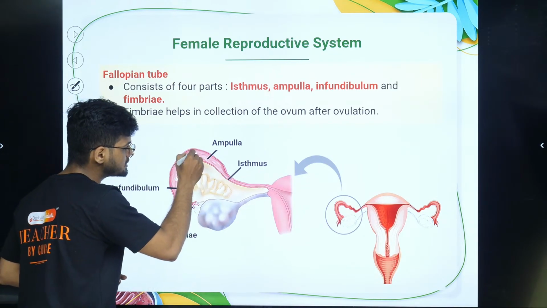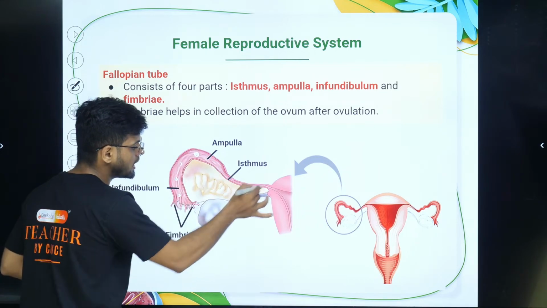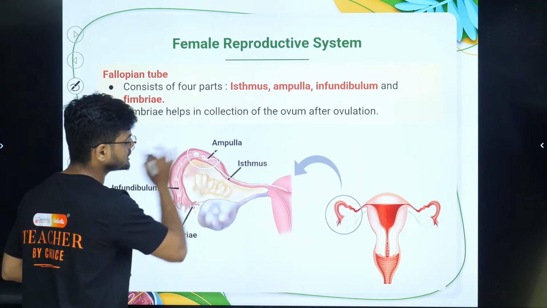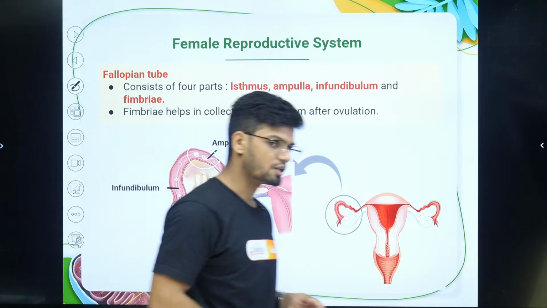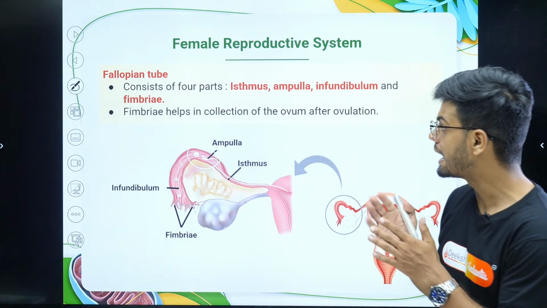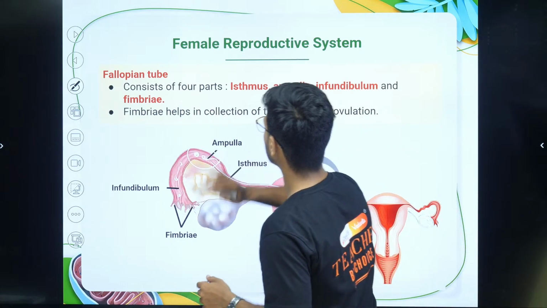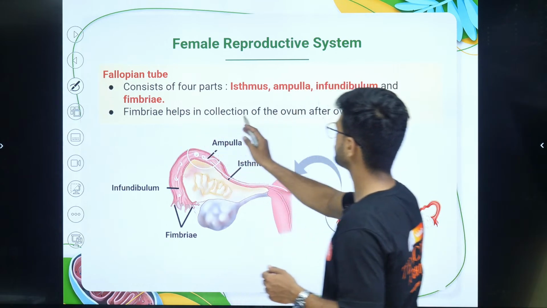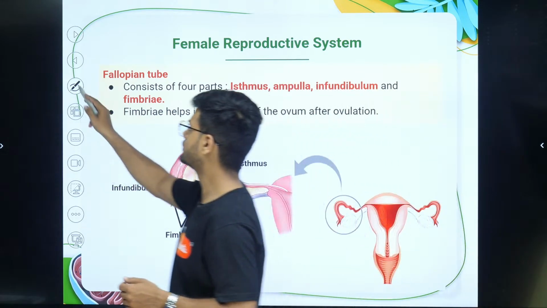So if the ovum travels here, and the sperm also travels here, fertilization takes place in the ampulla region. Fertilization takes place where? In the ampulla region. It consists of 4 parts: isthmus, ampulla, infundibulum, and fimbriae. Fimbriae helps in collection of ovum after ovulation.